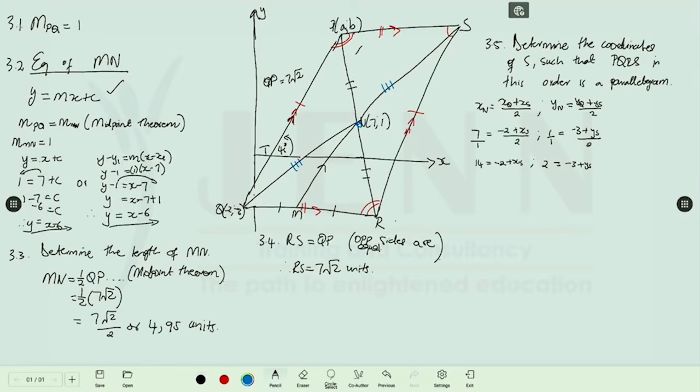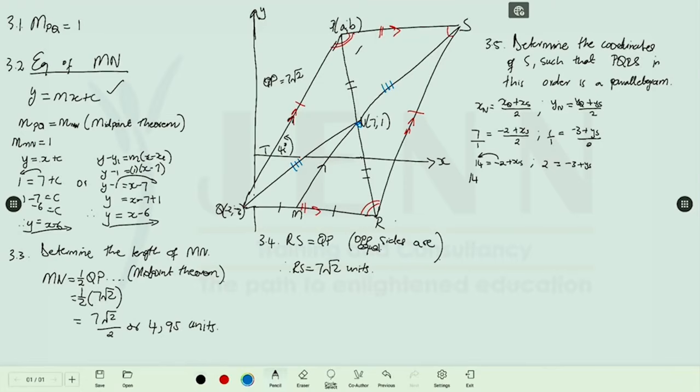Then from there, we are having algebra. We are just solving. I am looking for the x-coordinate of S, but I am being disturbed by -2. What am I going to do? Take -2 to the other side. When I take it to the other side, it changes the sign and becomes positive.